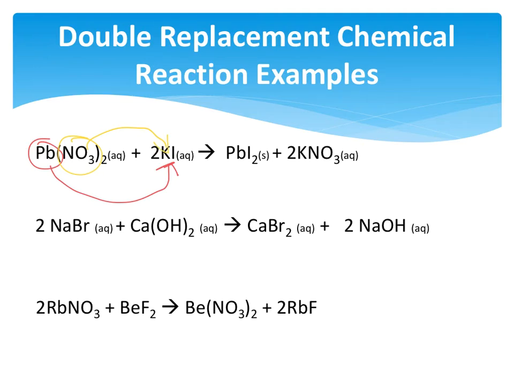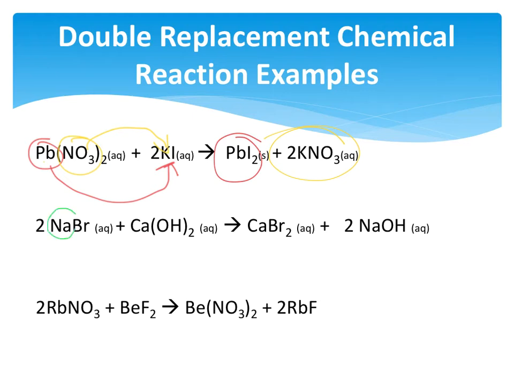All right, so it's basically the cation from this molecule here is going to get together with the anion from this molecule here. So that's what I've drawn here. The lead is now going to get together with the I, and the nitrate is going to get together with the potassium. And so when you list it over on the other side, you've got potassium iodide and then lead nitrate. Right?